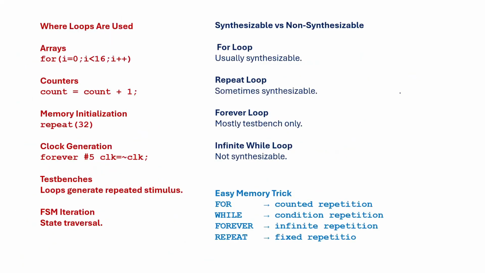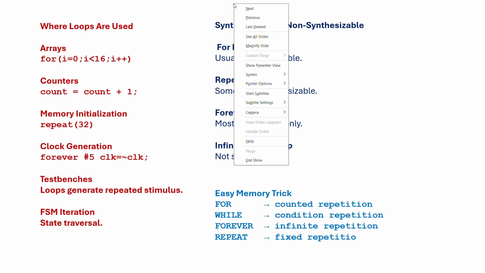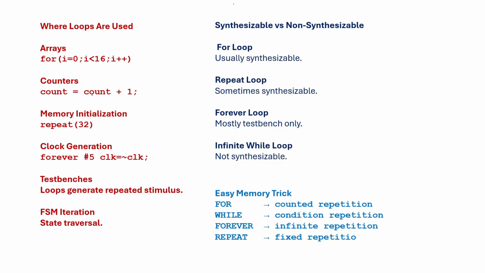These are the loops we are using. Where are for loops used? In the arrays concept we are using for loop, or sometimes I need to count my simulations. At that time also you can use for loop, and for counters you can use for loop. Or you can also use while loop here.